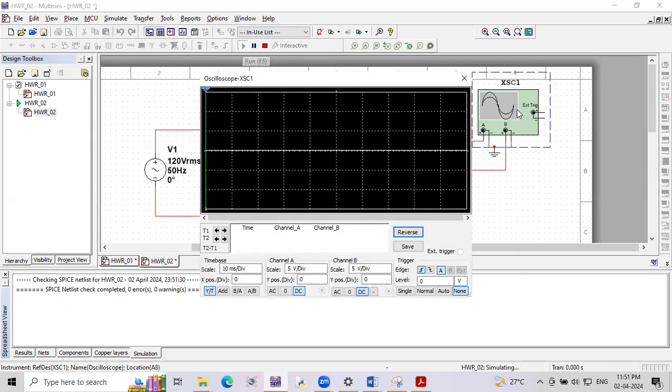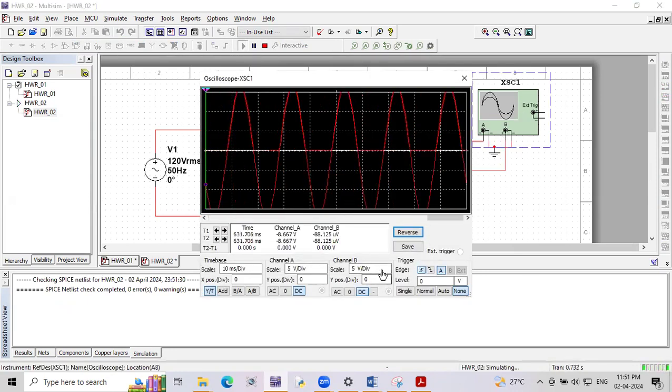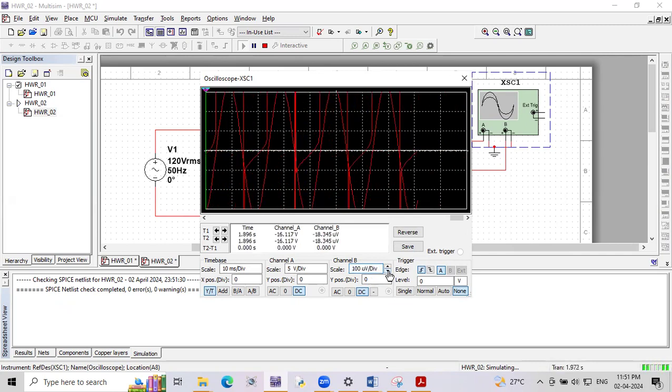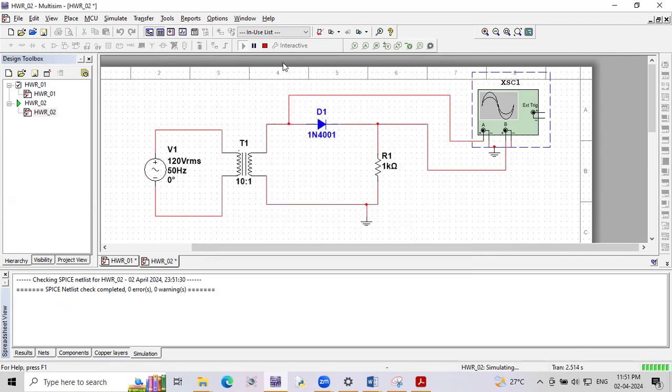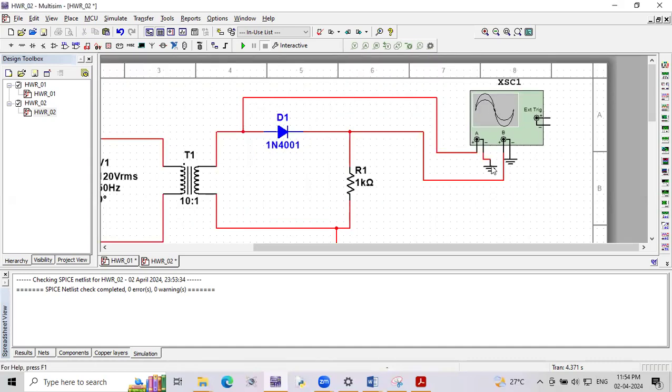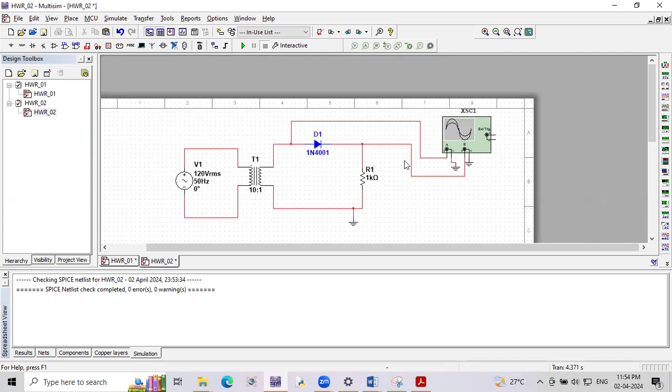You're going to get this kind of waveform. Okay, the waveform is not perfect. Now I make small changes here. I gave separate ground for the negative of both channels.